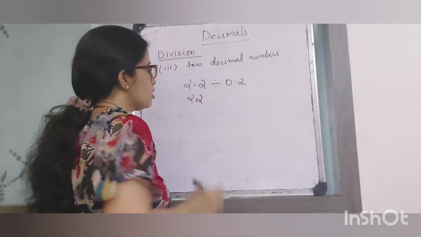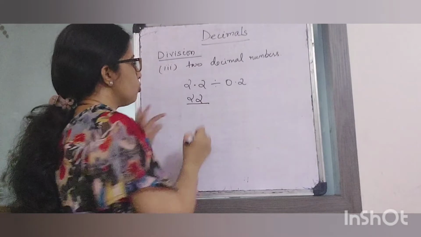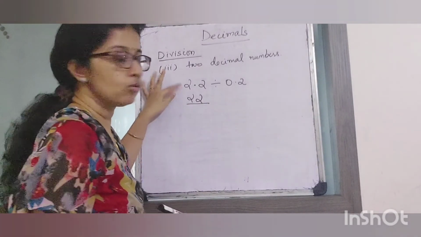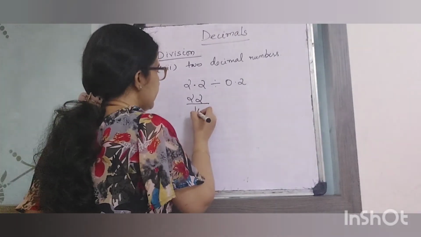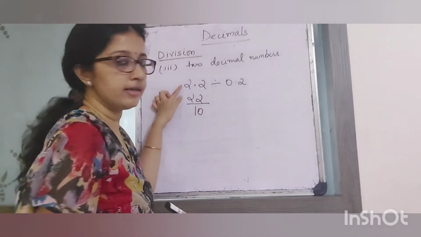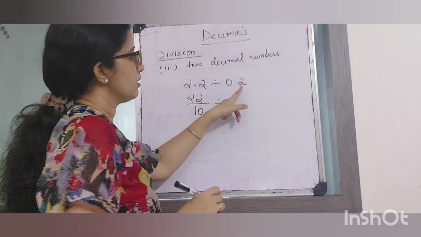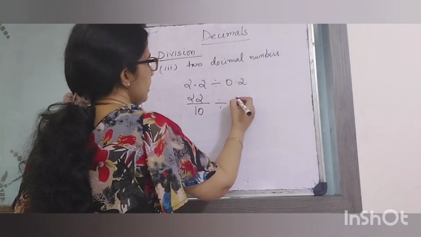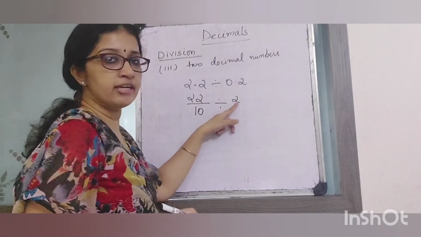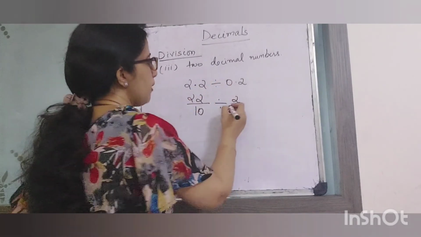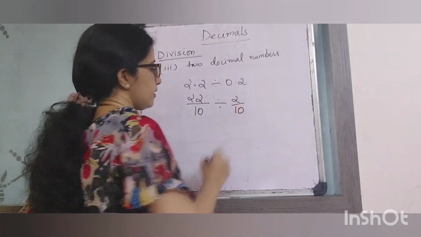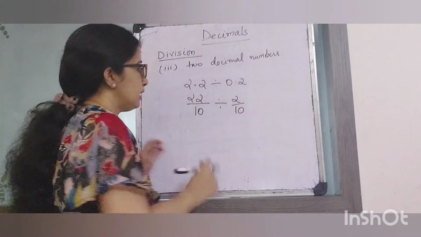Write 22. So what should we divide this 22 by so that you get 2.2? 22 divided by 10 is 2.2. Correct? So 22 by 10 divided by, ignore this decimal point again and write 2. So what should we divide this 2 by so that you get 0.2? 2 by 10. Correct?